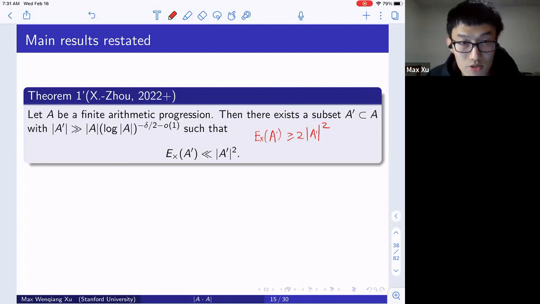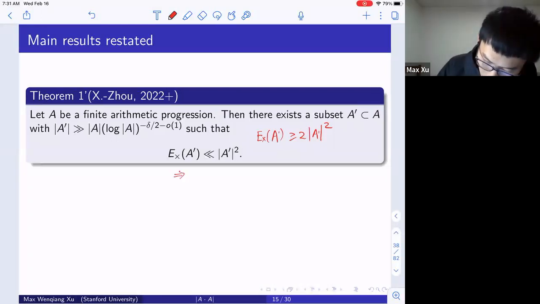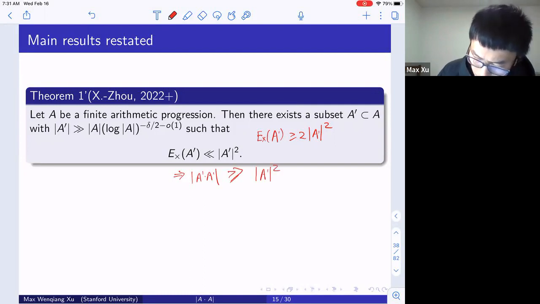And now by using the Cauchy-Schwarz I mentioned before in the previous slides, this will imply that A prime dot A prime will be at least, again, A prime squared, but A prime is up to a constant the same as A, so this will be.